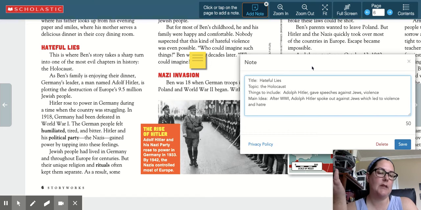Violence and hatred are somewhat similar. I need to include the Holocaust, which led to violence and the beginning of the Holocaust.